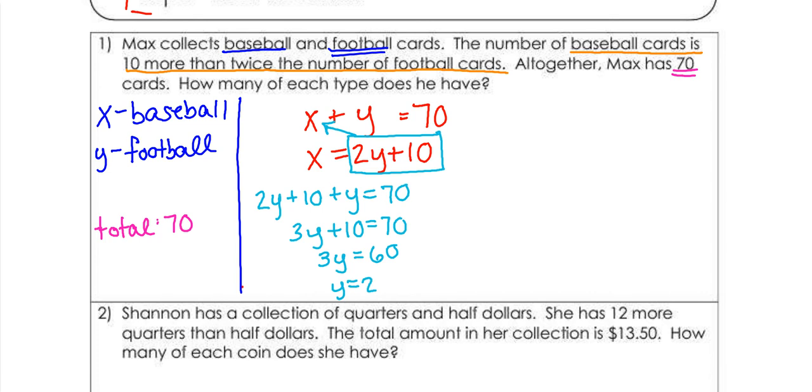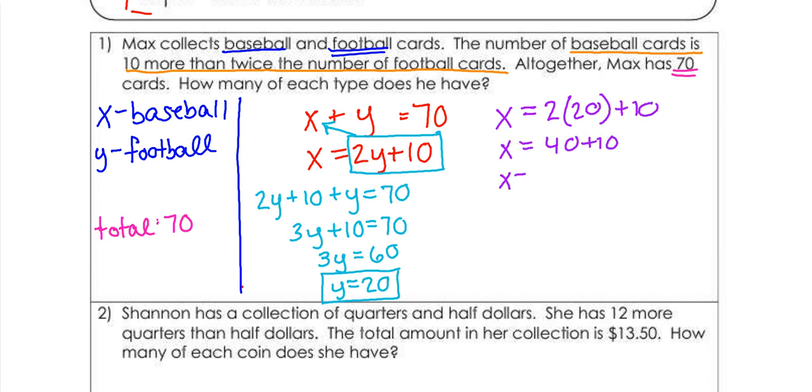So Y equals 20. Just like we did when we learned our substitution notes, we're going to take that Y equals 20 and plug it in to find X. So I have X equals 2 times 20 plus 10. So X equals 40 plus 10, and X equals 50.